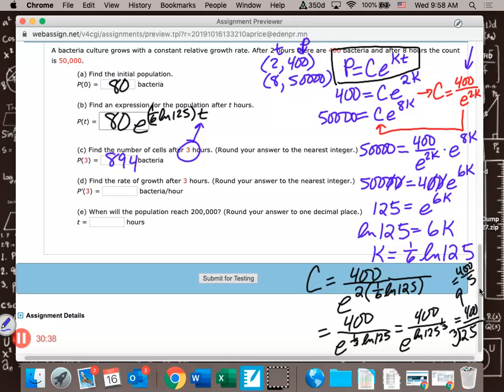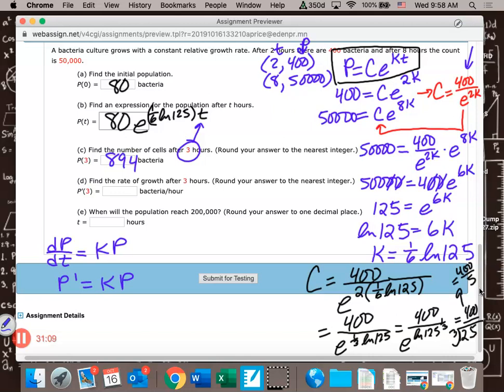All right. Are we all okay? Can't tell. Okay. All right. P prime. This is where we use the other formula that I mentioned, which is dp dt equals kp. That's another way of saying p prime equals kp.